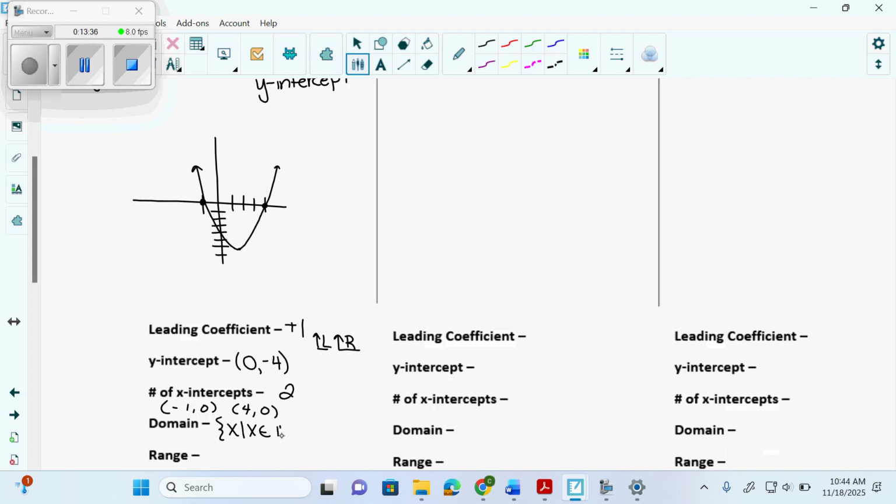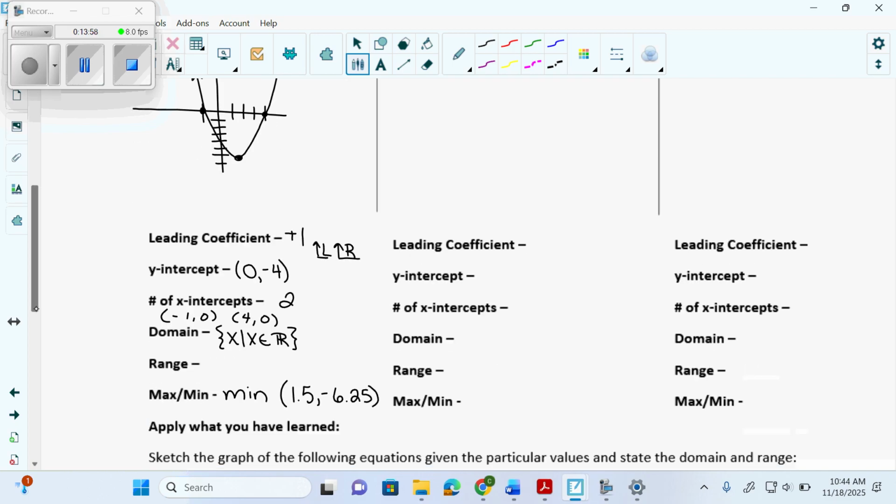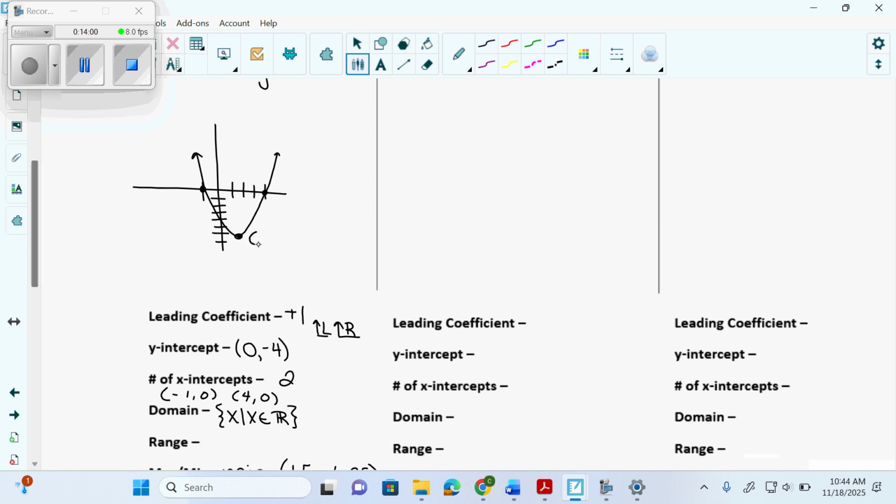So actually, for a linear, a cubic, and a quadratic, a degree 1, a degree 3, a degree 2, the domain is all reals, even if it disco-s or it goes out for life, correct? The catch with a quadratic, though, is my range is not all reals, because it's where the graph exists. So I know that this minimum is at 1.5 and negative 6.25.